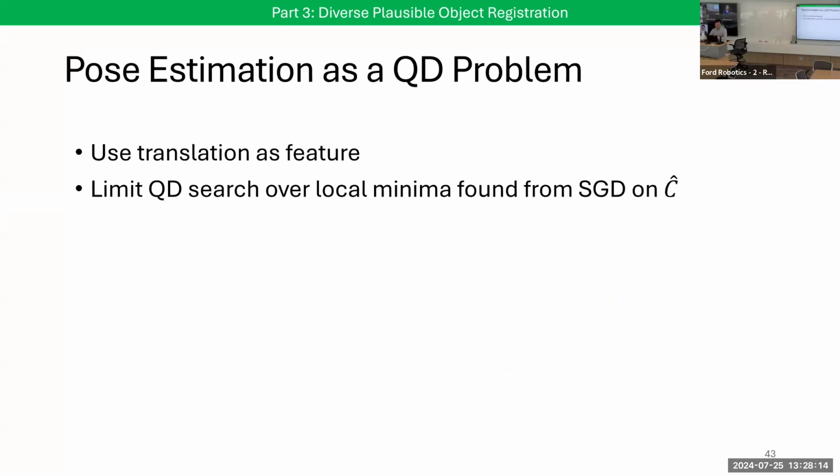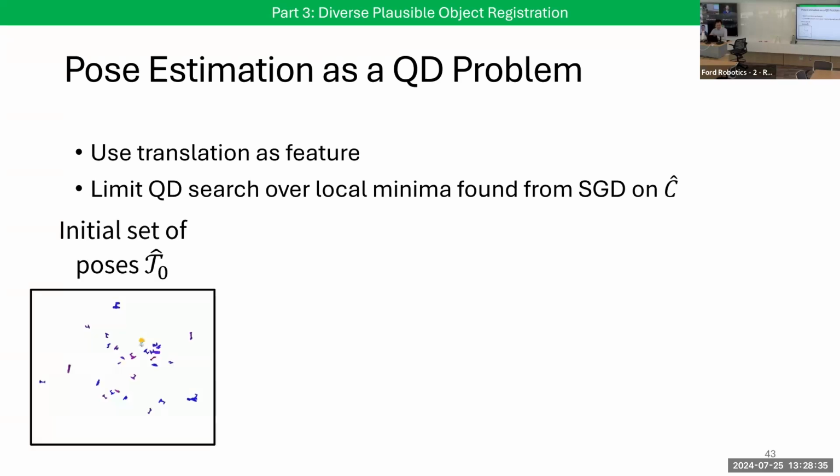Next, we talk about how we actually pose estimation as a QD problem. First of all, we use the translation as the feature, and our idea is to limit the quality diversity search over the local minima that we find by running stochastic gradient descent on the discrepancy cost. Visually, we initially start with a set of pose estimates. This is our prior, for example. It can be very random.